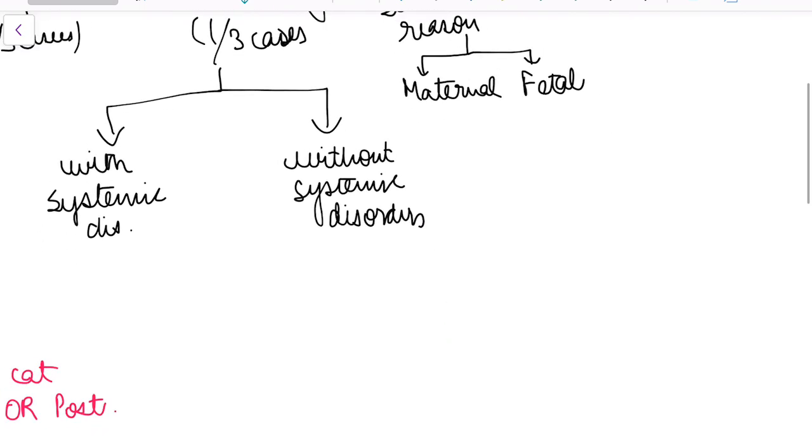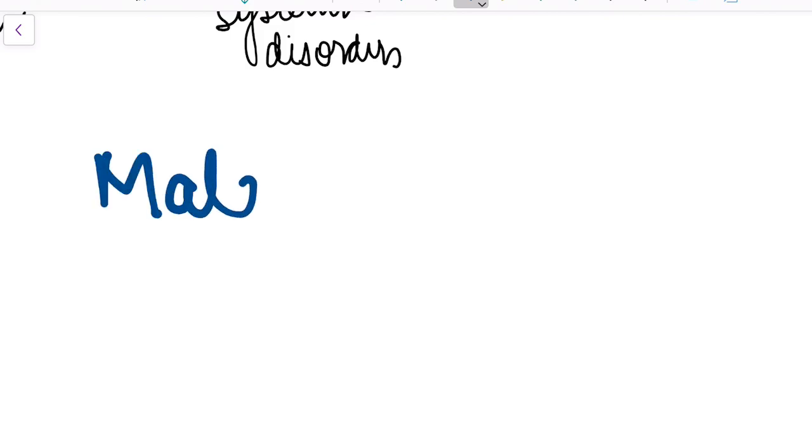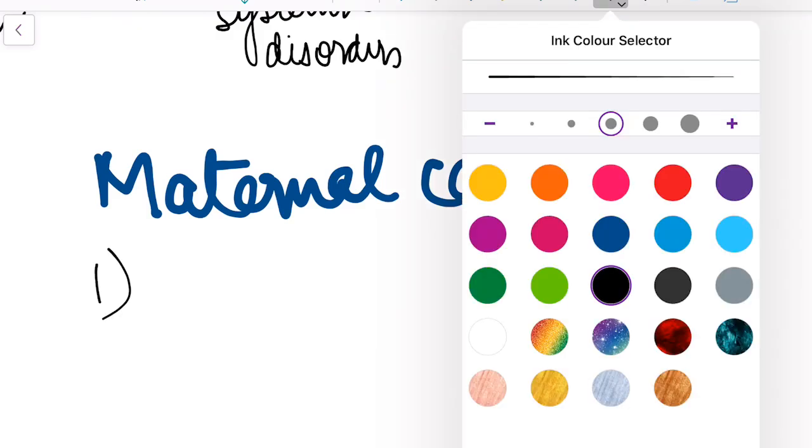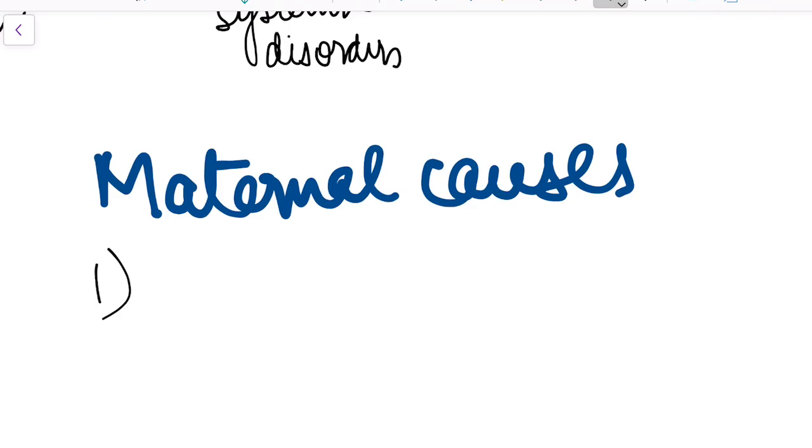So let's look at the maternal and fetal causes in a brief manner, right? If we look at the maternal causes, maternal causes are very few, easy to remember.